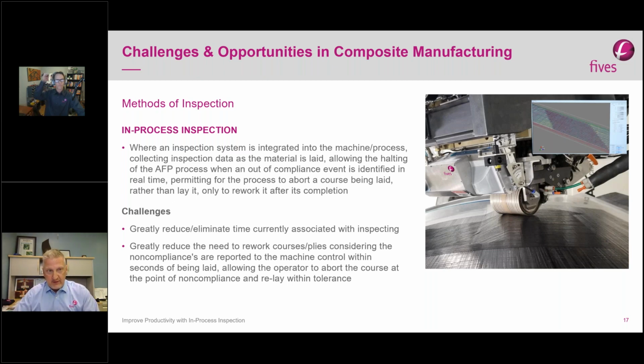In both HVI and inline inspection, you allow the machine to lay the entire course, and then you have to tear up or peel up the course that was laid, there's no magic way, and relay. What this system allows is it stops the machine, it informs the operator within 1.5 seconds, so about 4 inches of layup, that the toes are short. It knows that they're non-compliant, and it allows you to abort the course and restart the course. So the big difference here is it decreases drastically the rework.